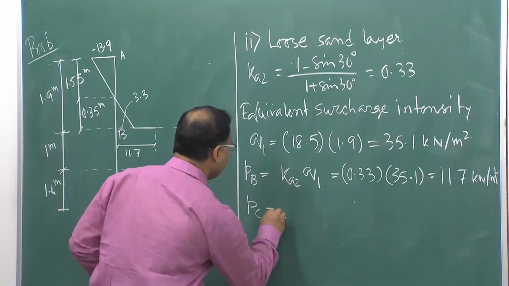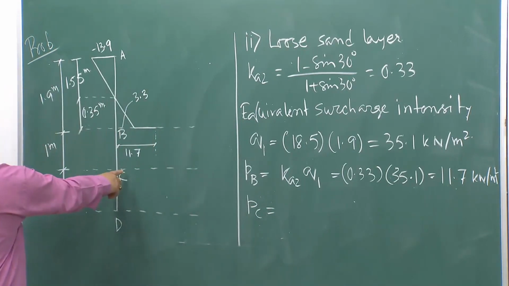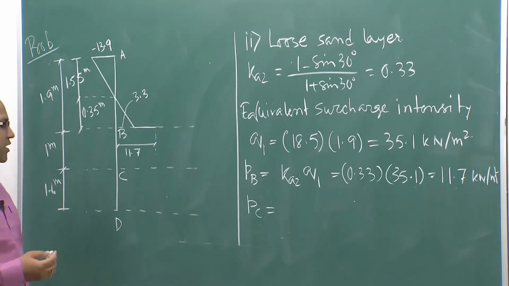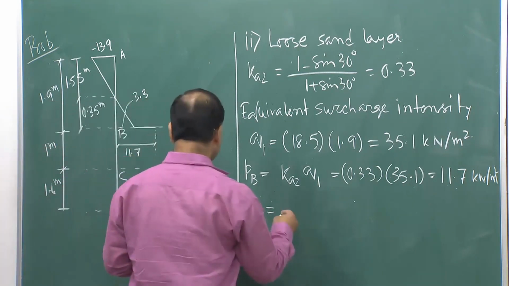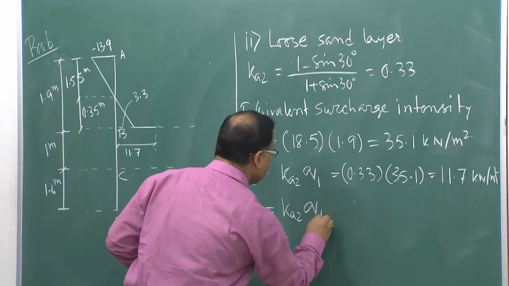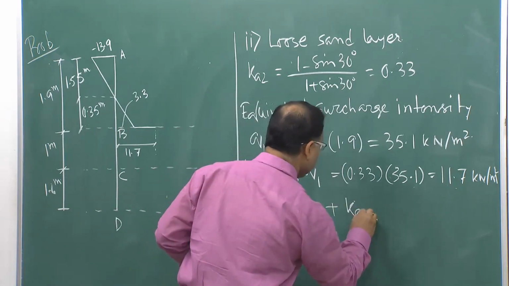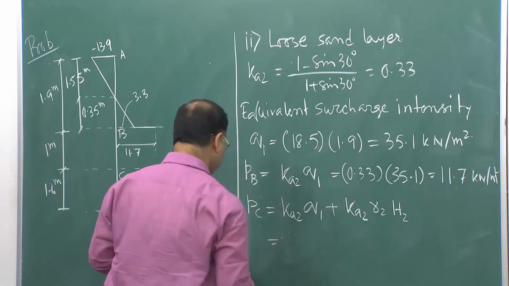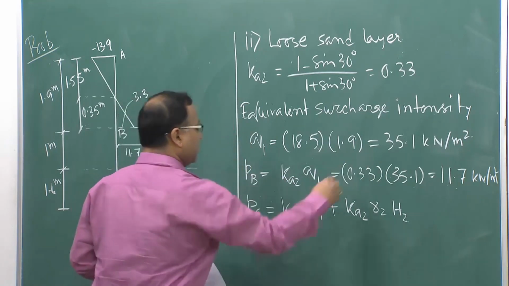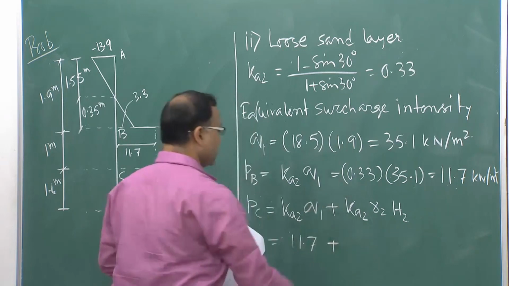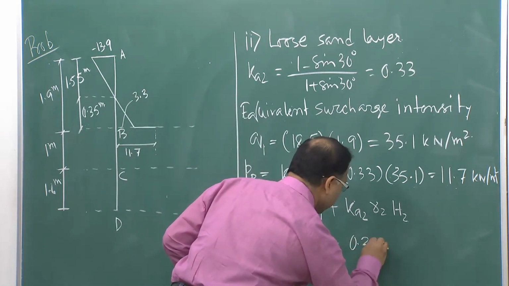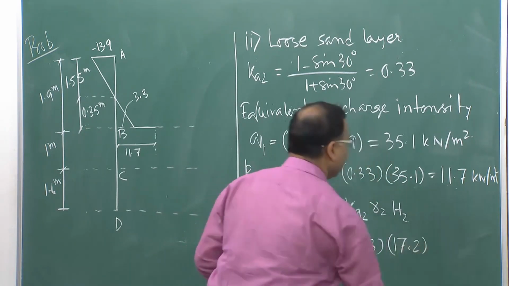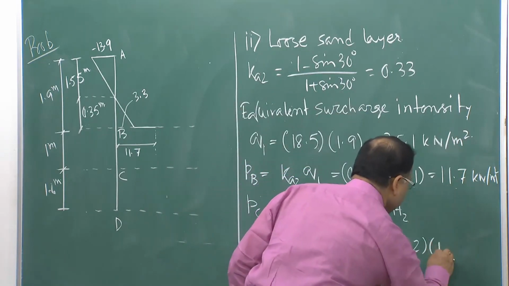So, similarly I can calculate PC, that means active earth pressure at point C, which is the interface, which is eventually or evidently the interface between stratum 2 and stratum 3, right. So, PC is equal to Ka2 Q1 plus Ka2 gamma 2 H2, which gives me Ka2 Q1 is nothing but 11.7 plus Ka2 is 0.33, gamma 2 is 17.2, and what is H2, that is the depth of second layer, is simply 1 meter.